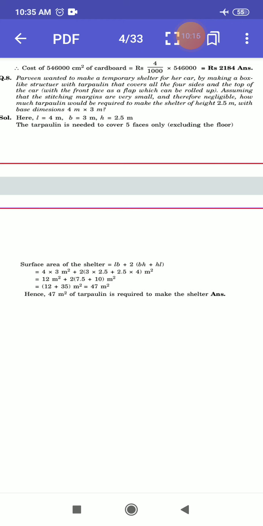Assume that the stretch margins are very small and therefore negligible. How much tarpaulin would be required to make the shelter of height 2.5 meter with base dimensions 4 meter into 3 meter? So here we have to explain what the condition is given here.